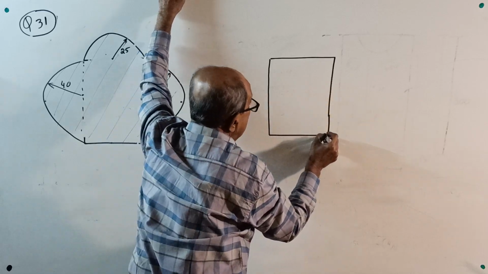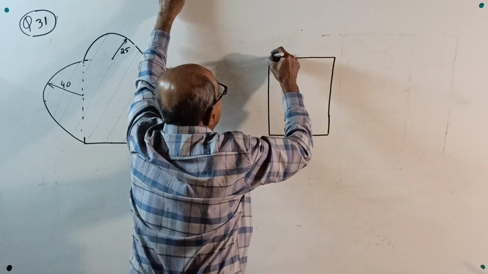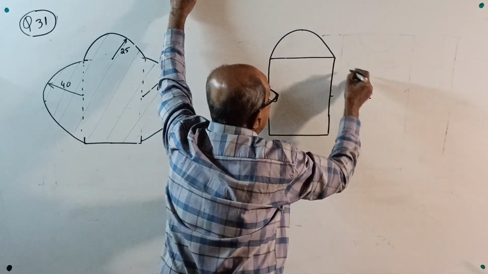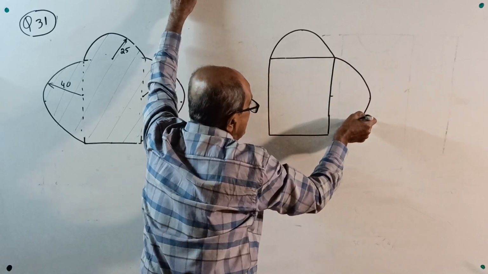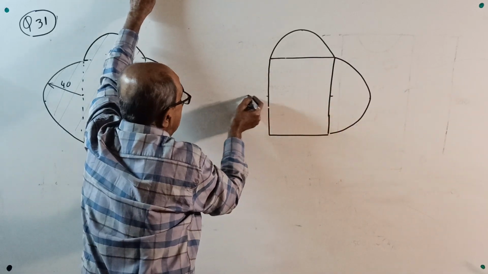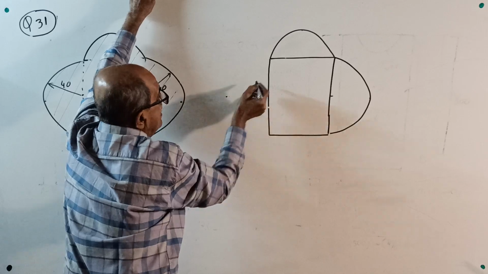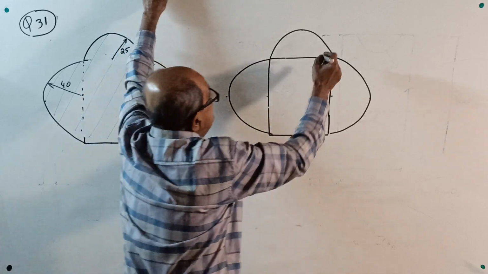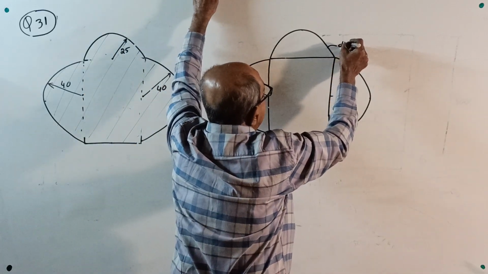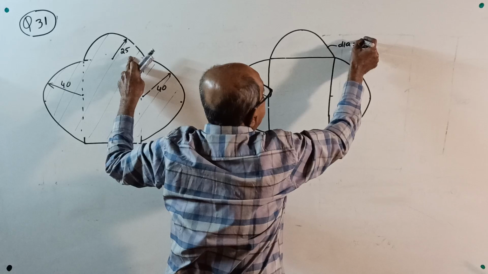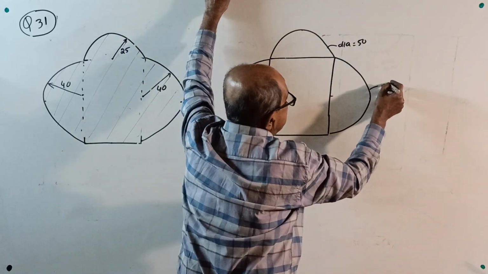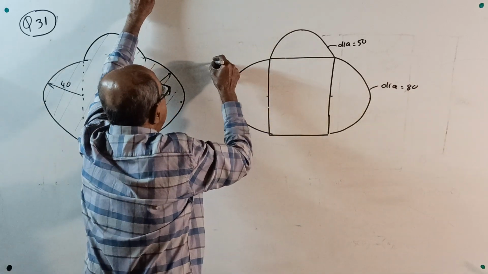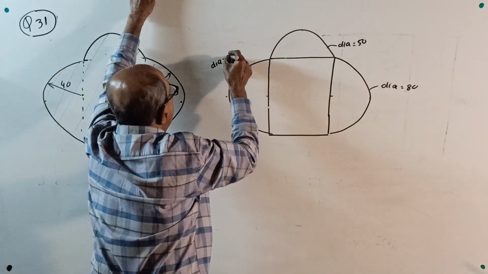One rectangle here. Then here, one semicircle. Now this diameter is 50. This diameter is 80. This diameter is also 80.